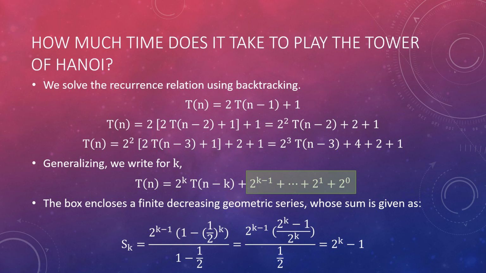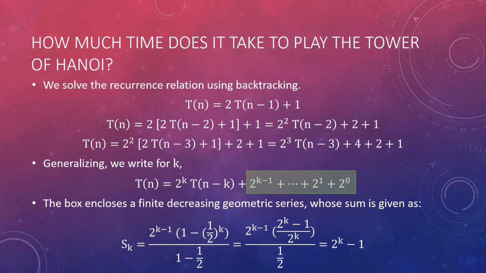Summation of k terms: 2 raised to the power k minus 1, brackets 1 minus 1 upon 2, this is the ratio, raised to k, whole divided by 1 minus 1 upon 2.